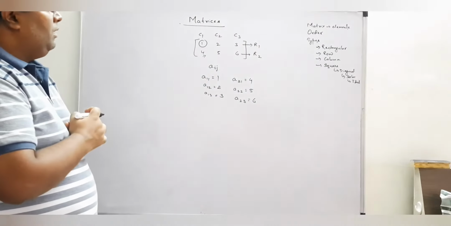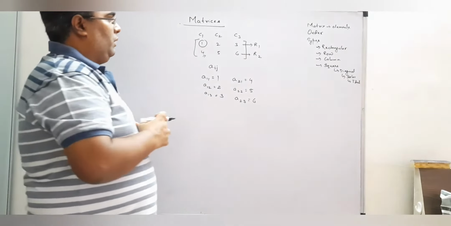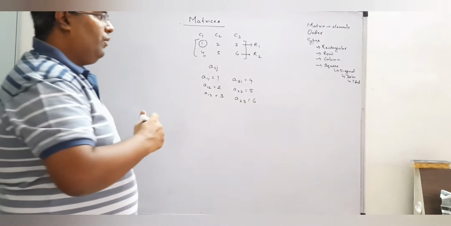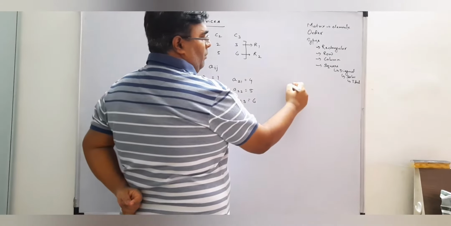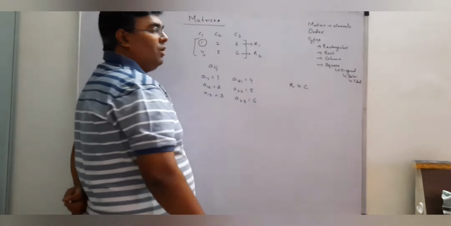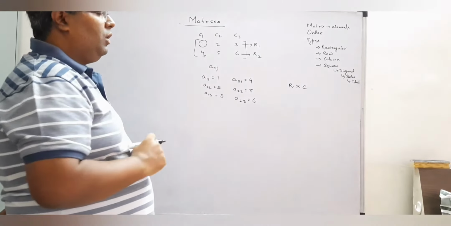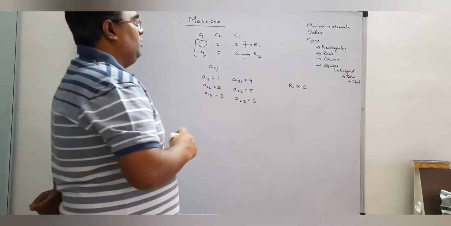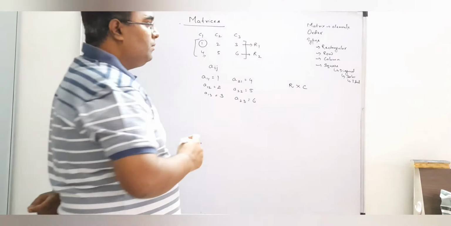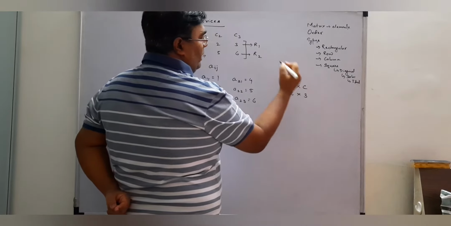Correct? Now the next thing is order. The order of a matrix is defined as the number of rows cross the number of columns. How many rows are there and how many columns are there. For example, in this matrix we have two rows and 3 columns.